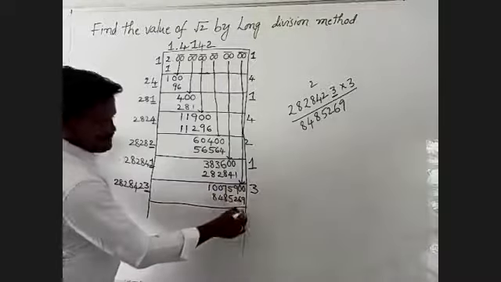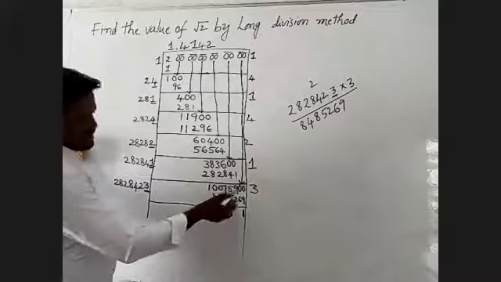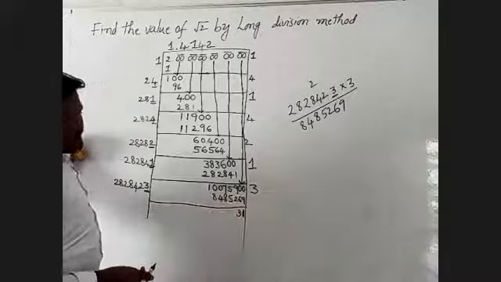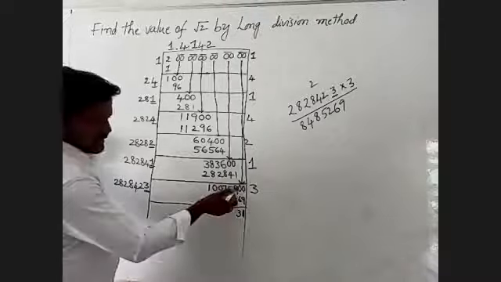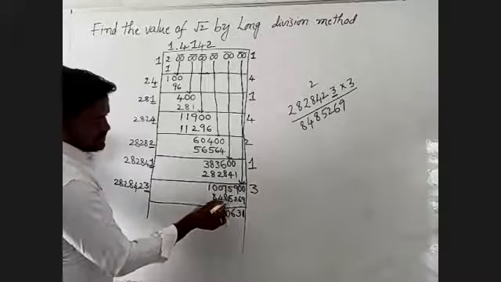10 minus 9 becomes 1. After that, 9 minus 6 becomes 3. After that, 8 minus 2 becomes 6. 5 minus 5 becomes 0.